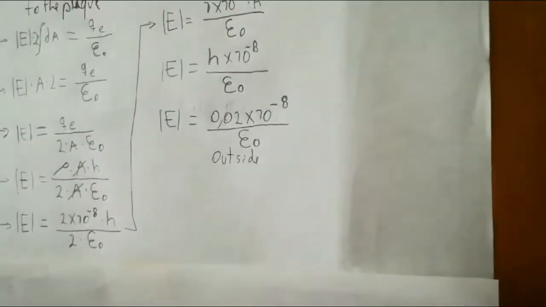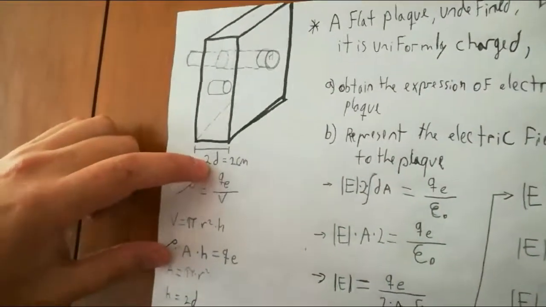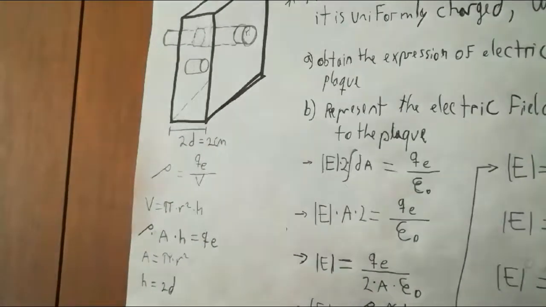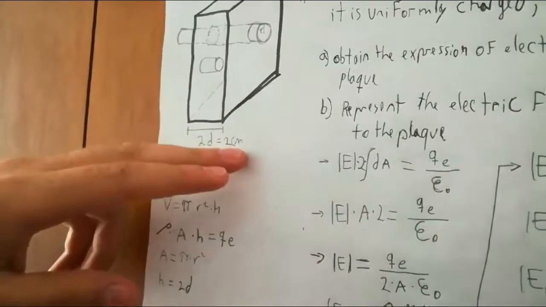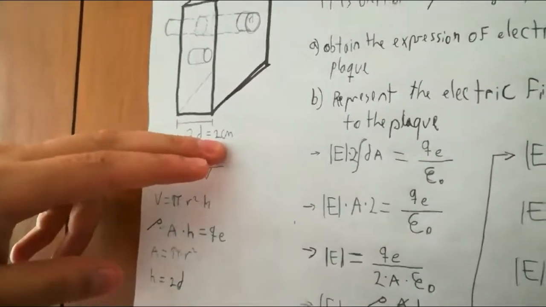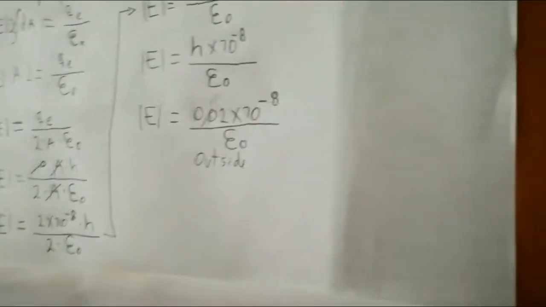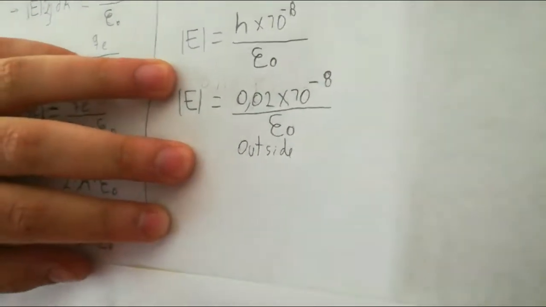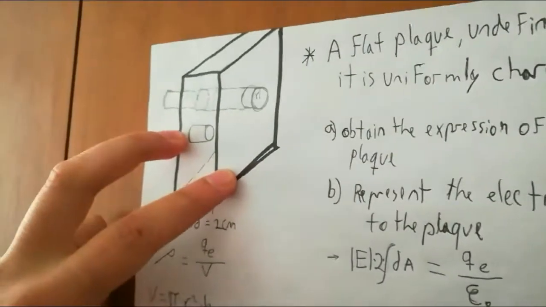Why 0.02? Because h is equal to 2d, and 2d is equal to 2 centimeters, but in order to do this exercise properly, we need to convert everything to meters. So 2 centimeters is equal to 0.02 meters. With this expression, we have the expression of the electric field outside of this plate.